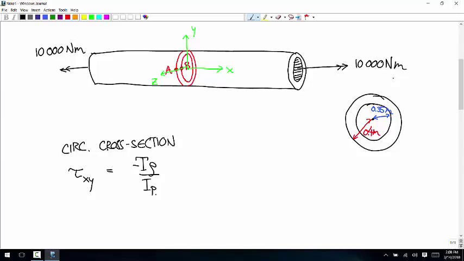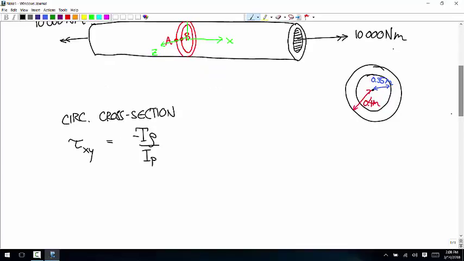And I sub p is pi over 2 times the outer radius to the fourth minus the inner radius to the fourth. This is a formula I gave you.